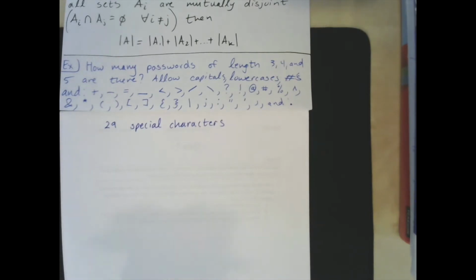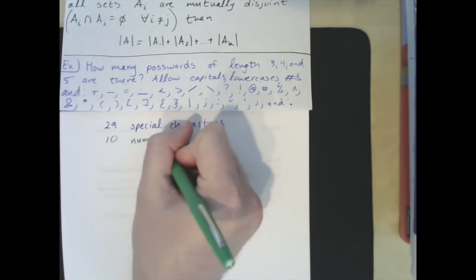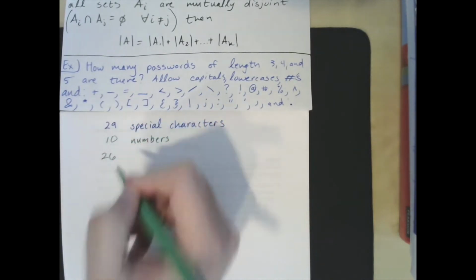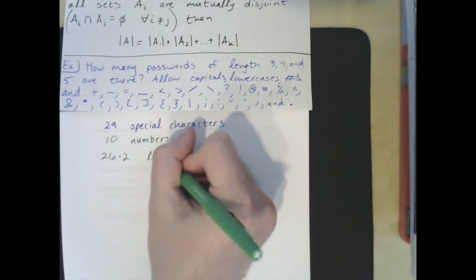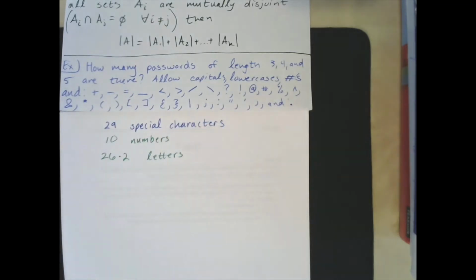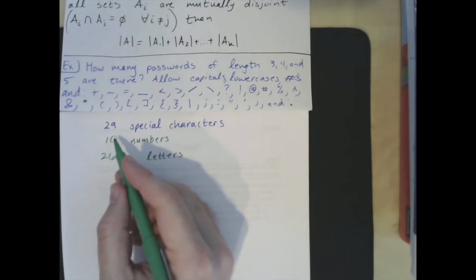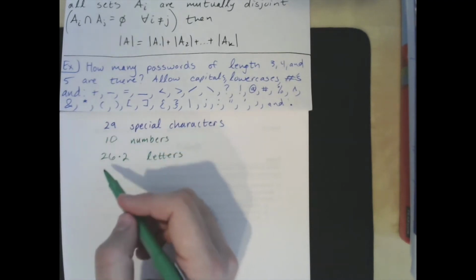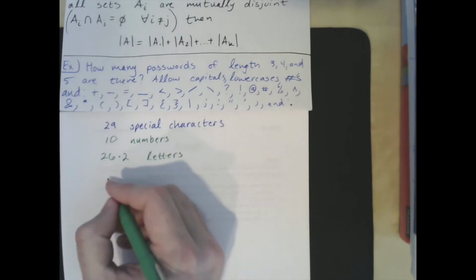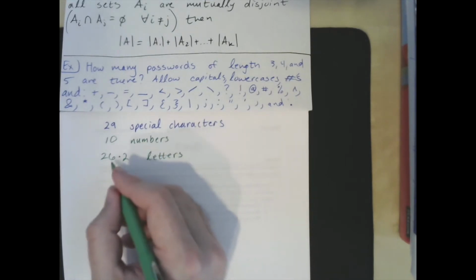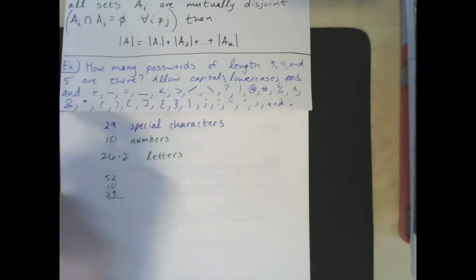I'm going to switch colors here. We have 10 numbers, 0 to 9. And there are 26 letters. But we're going to times this by 2 because we can have lowercases and capitals. So that gives us a total of 52 letters, 10 numbers, and 29 symbols.